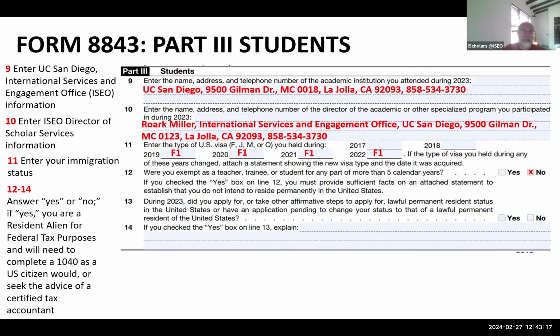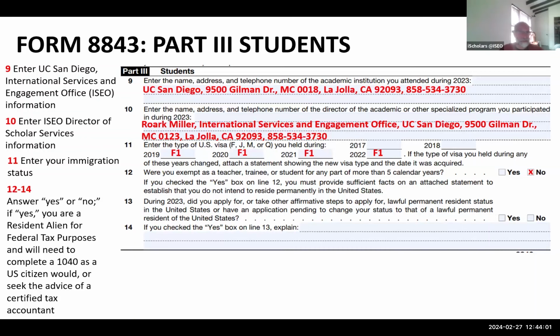Let me go on to the next one, the 1042-S. Again, this is similar to the W-2, but it only reports income that is basically shielded from taxation due to tax treaty benefits, or if you have income that is not wages, such as a fellowship, that income will be reported on a 1042-S if you're a non-resident alien for federal tax purposes.